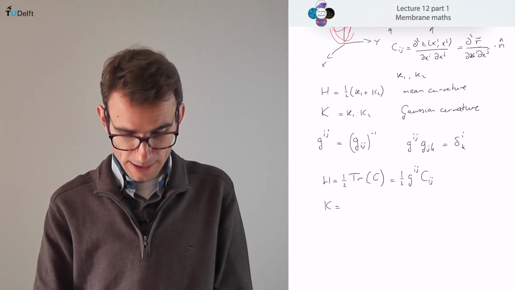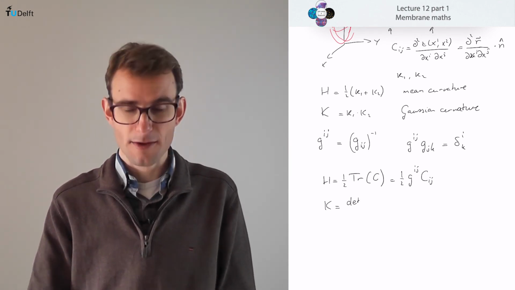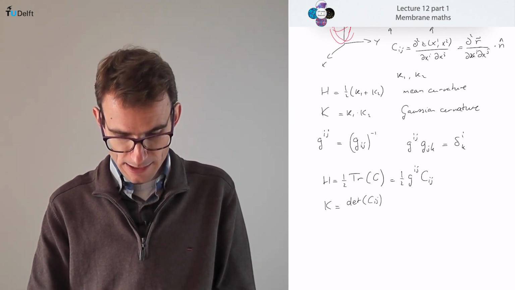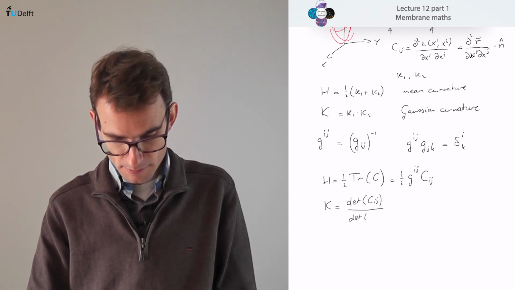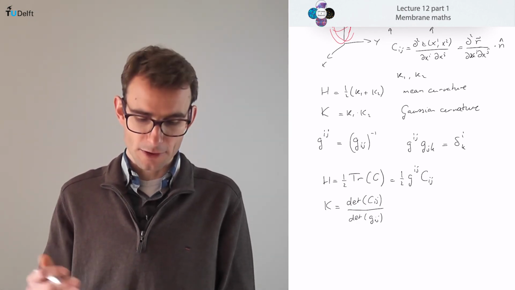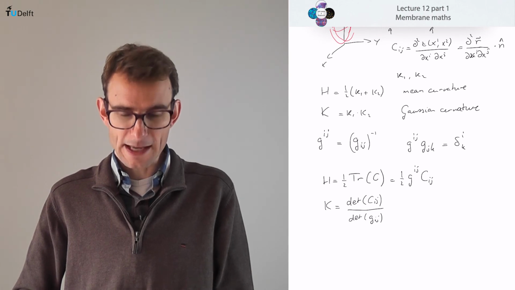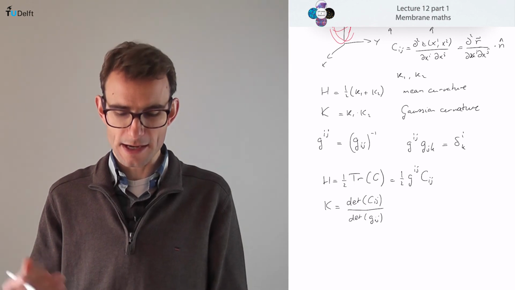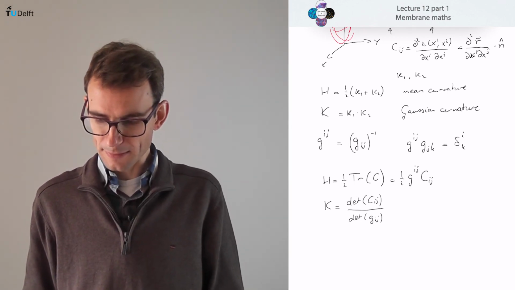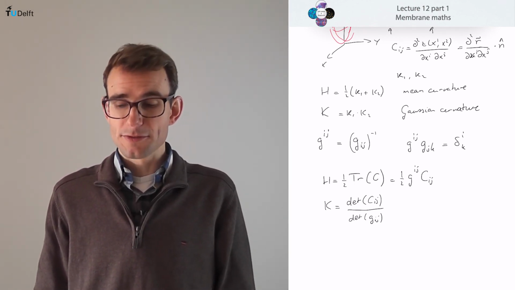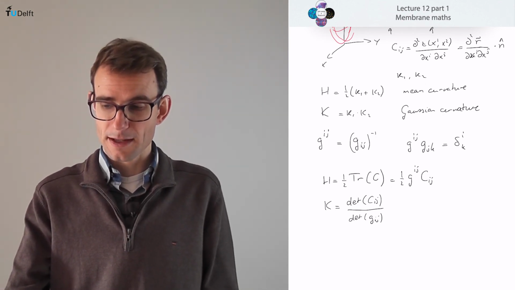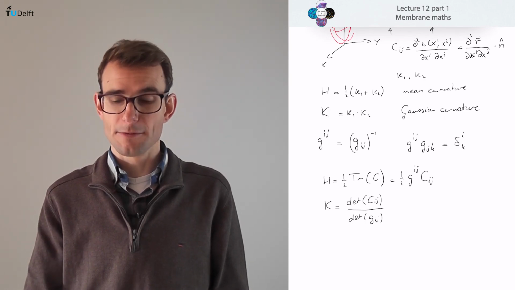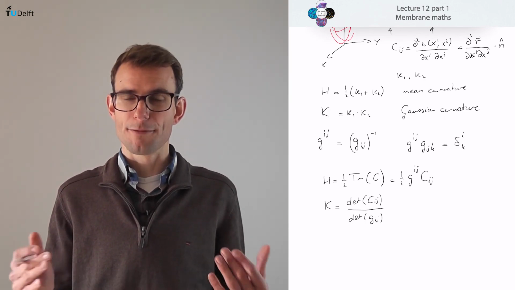And this one I can calculate by taking the determinant of writing C_ij as a matrix, but then I have to divide by the determinant of G_ij, or I can also say it's the determinant of the inverse multiplied with the thing. All right. So this gives us the two curvatures, and like what we did for the polymer, we can now say, well, the energy is going to be a function of the curvature.